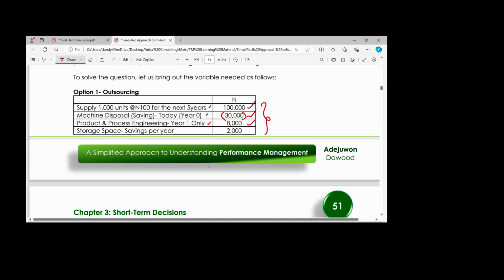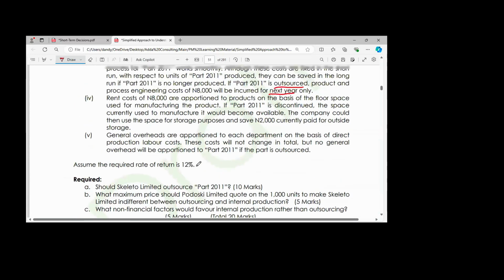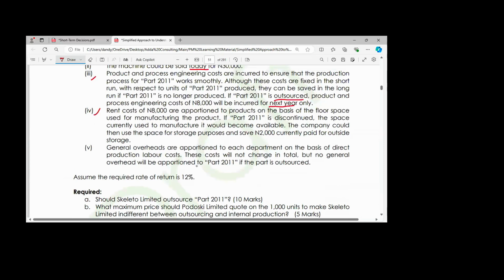Then the last one, which is storage space. Let's go back to the question. In additional information number 4, you are told that rent cost of 8,000 naira is apportioned to products on the basis of the floor space used for manufacturing the product. I've told you anything apportionment is irrelevant. Therefore, this 8,000 is a no-go area, so you ignore it.